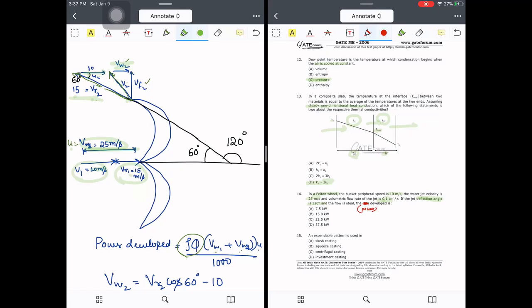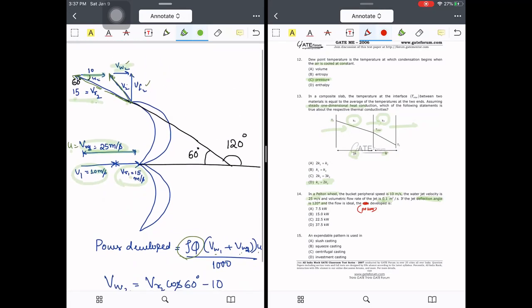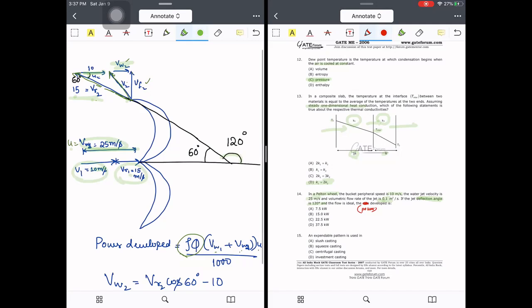Okay, so what is our intention? My intention is to calculate vw2. So vw2 can be written as vr2 cos phi minus 10.